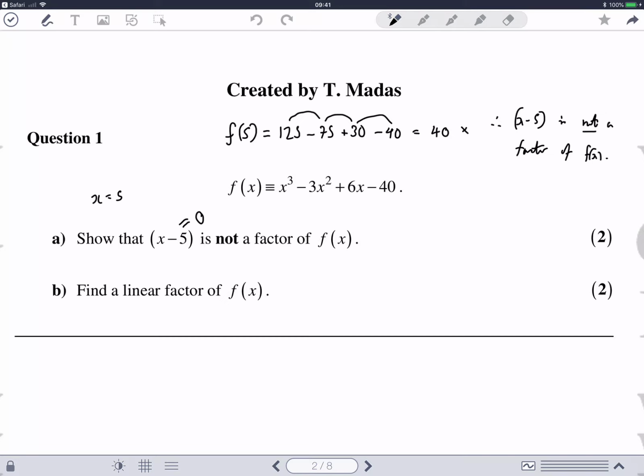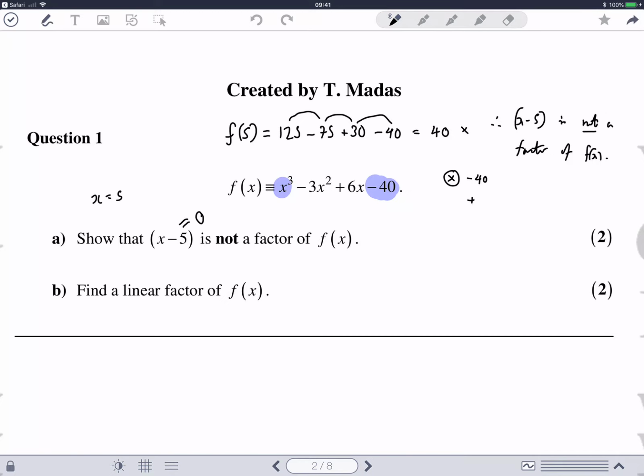Find a linear factor of f of x. Okay, the trick to this is I know the coefficient of x cubed is 1 and the constant term is minus 40. So if you multiply 1 and minus 40 together, I've got to think of factors that multiply to negative 40. Now there's a mixture here.